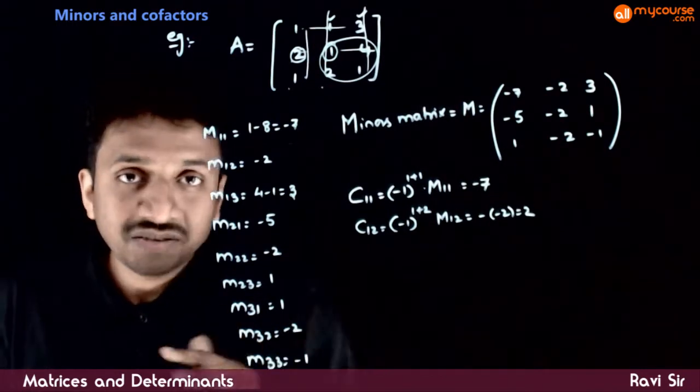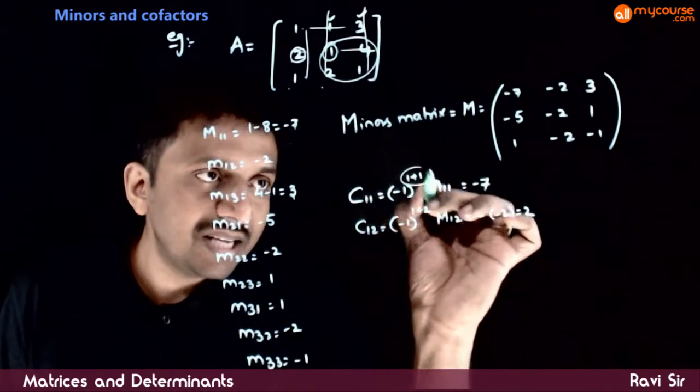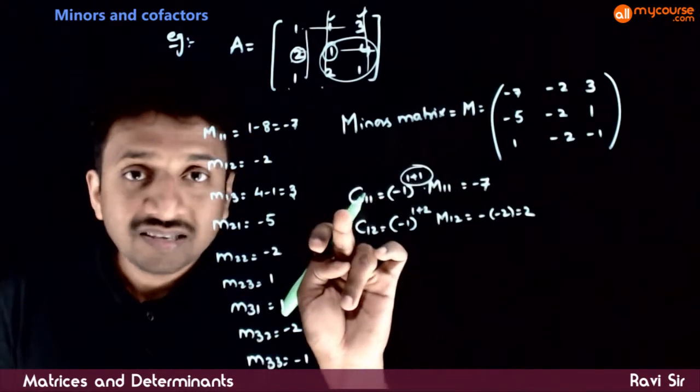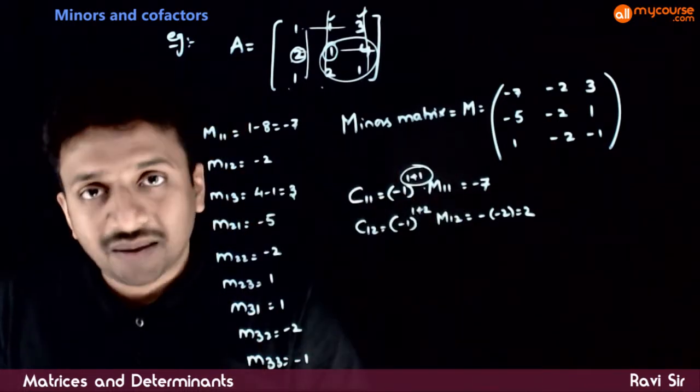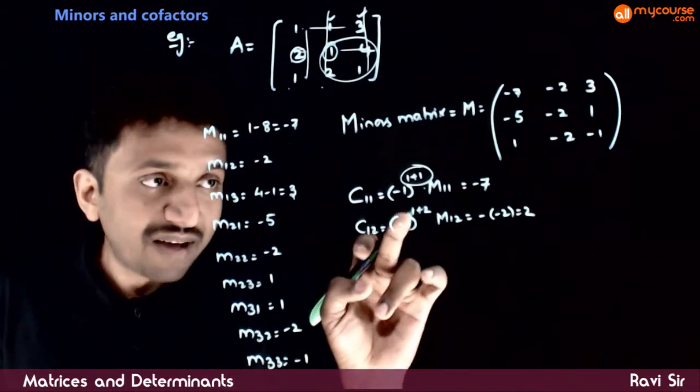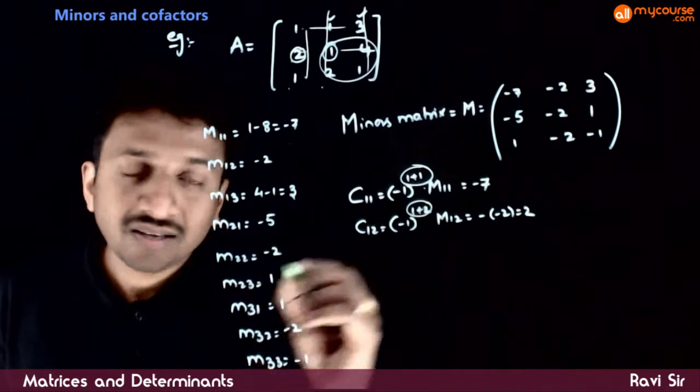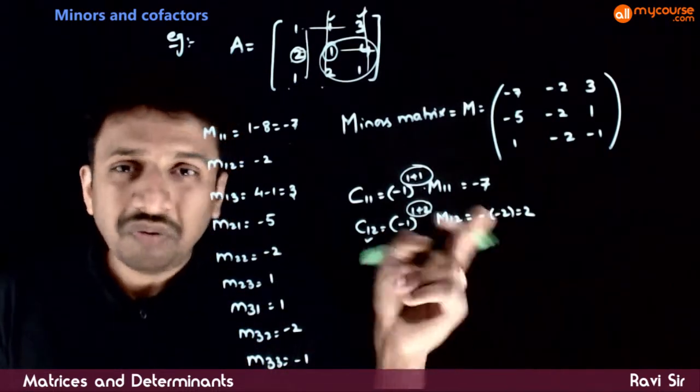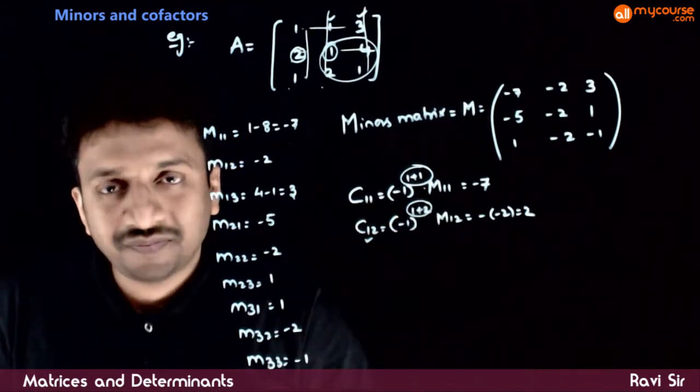What you need to observe is, if i plus j is even, Cij is exactly the same as Mij. If i plus j is odd, Cij is equal to the negative of Mij.